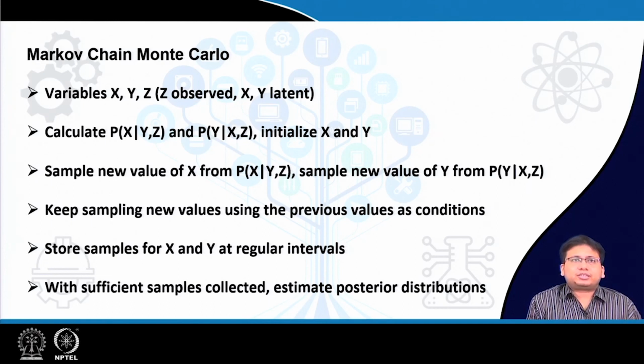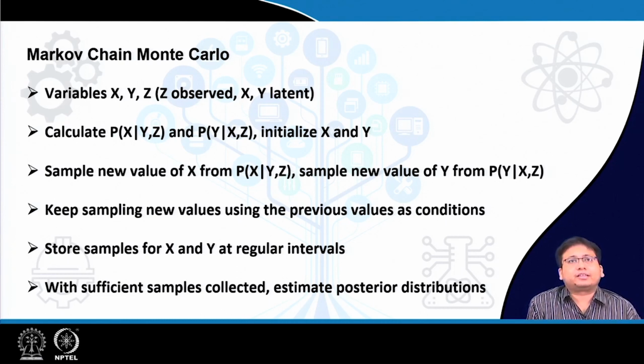So, let us say that we have three variables x, y and z, where z is observed and x and y are latent. What we do first of all is to calculate the conditional distributions, that is the distribution of x given y and z and that of y given x and z. Now, z is observed, x and y are latent. So, we just initialize x and y, that is we just assume some initial values of them.